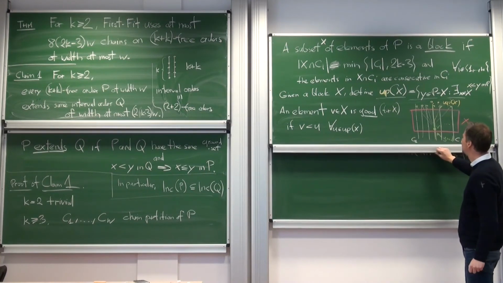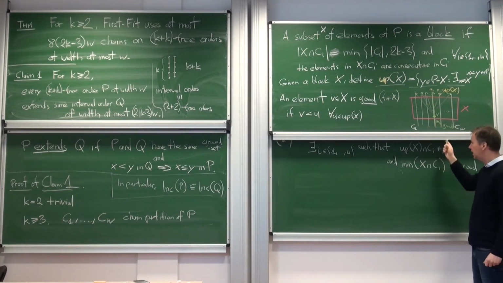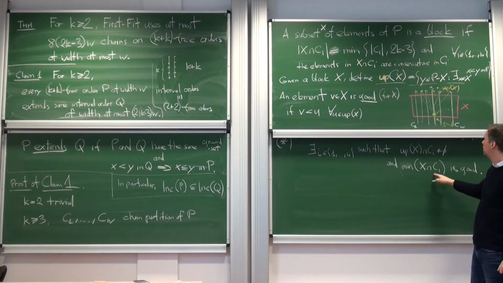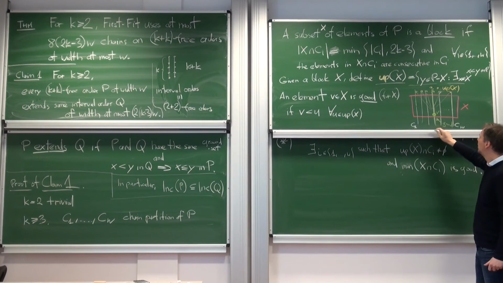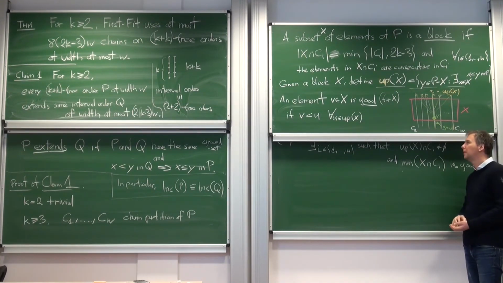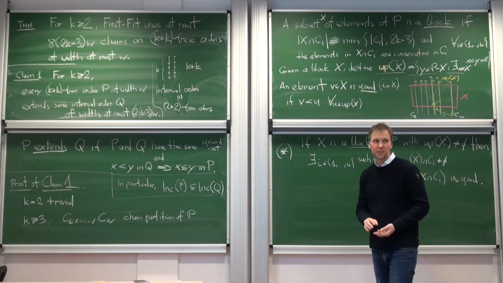The upset contains something of that chain, and the minimal element of the block on that chain is good. So you want this one to be good, and you want to have some yellow up there on the chain.